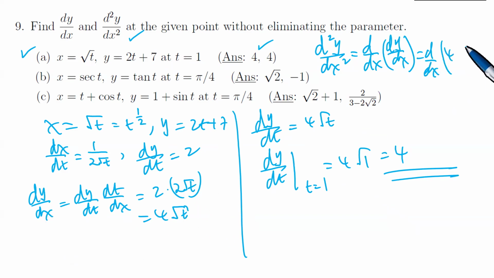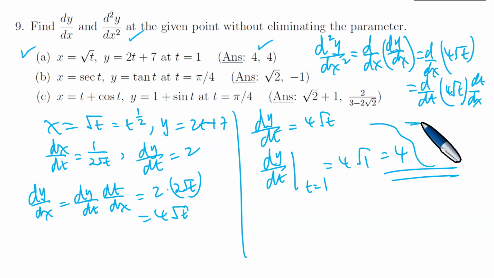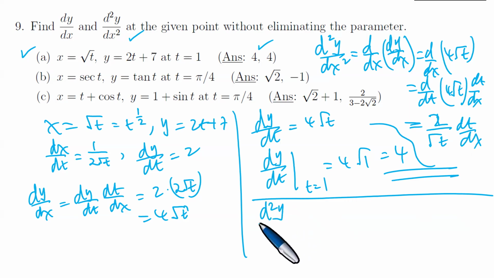It's 4 square root of t, which is d/dt, then dt/dx, which is 2 over the square root of t. So d squared y over dx squared is 2 square root of t times dt/dx.